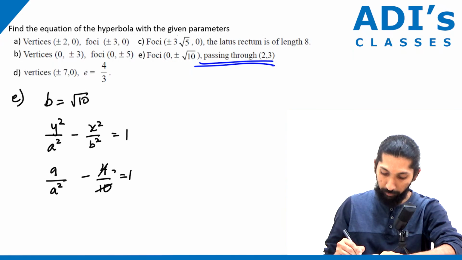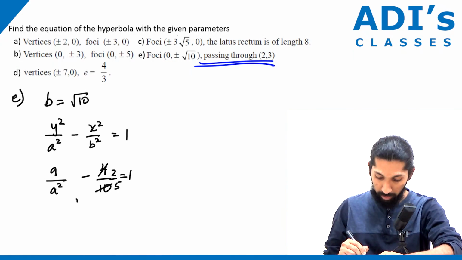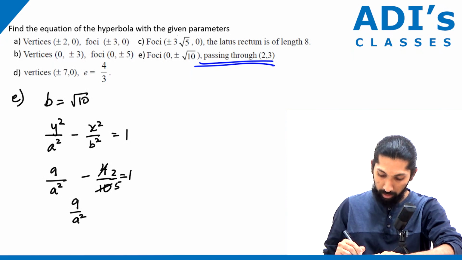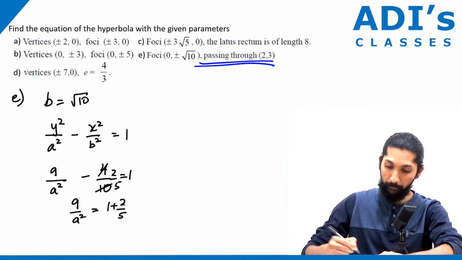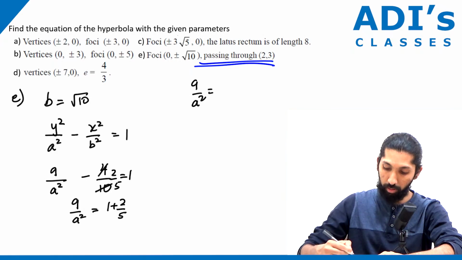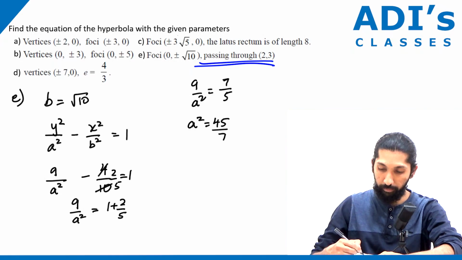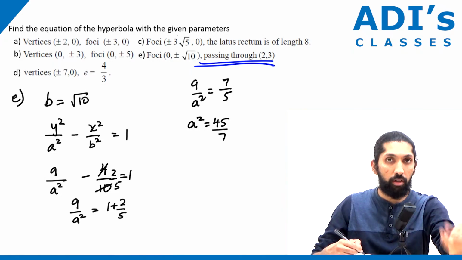So 2 by 5, transpose the 2 by 5, 9 by a square is equal to 1 plus 2 by 5. So 9 by a square is equal to 7 by 5. So a square is equal to 45 by 7. You got a square, you have b square.